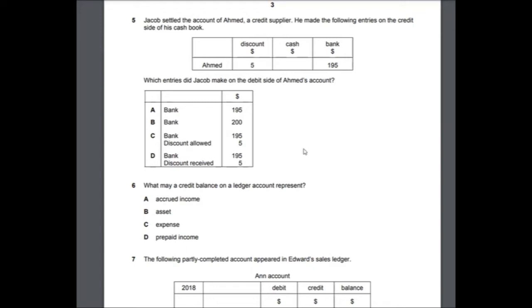If you understand that part, this question becomes very easy. Jacob received a discount, so bank debit $195 and discount received $5. All right, so the correct answer to multiple choice 5 would be option B in this case.